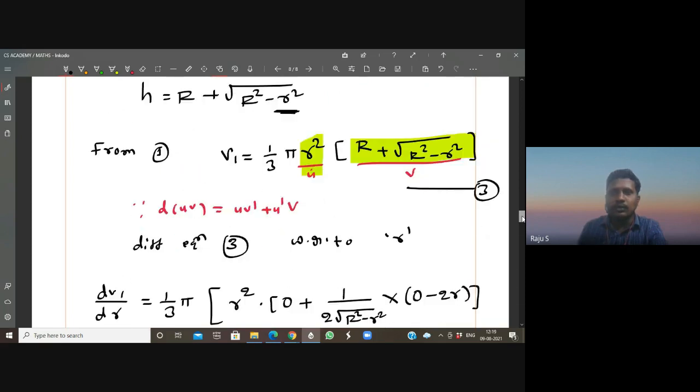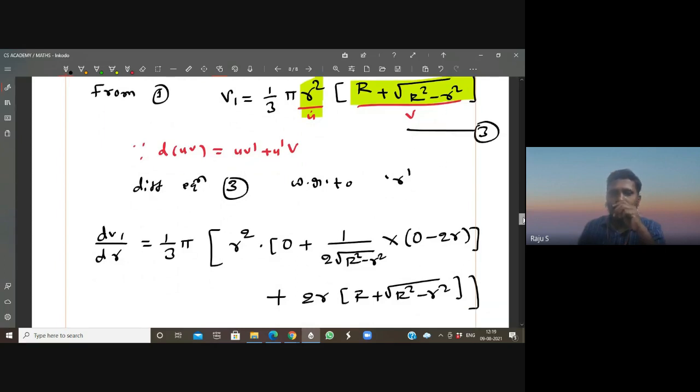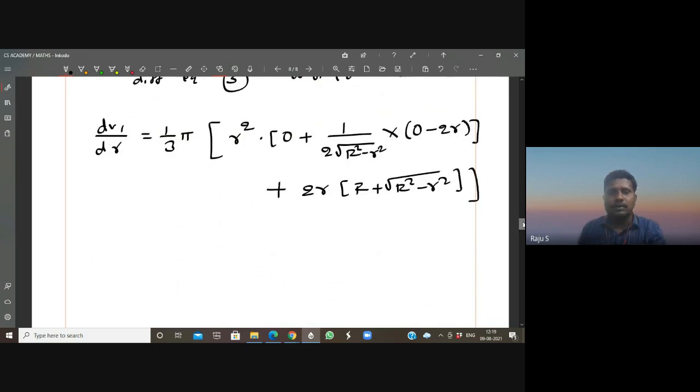So once again the UV rule: capital R is a constant, 0, 1 by 2 root of R square minus r square into 0 minus 2r, then U dash is 2r. So after that, dv by dr is 1 by 3 times pi bracket. Now multiply this r square here. Look here, these two get cancelled.